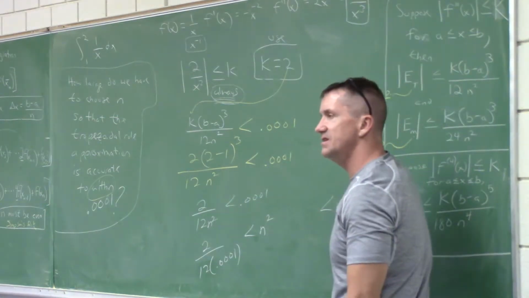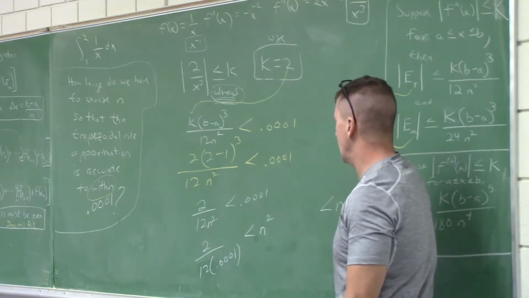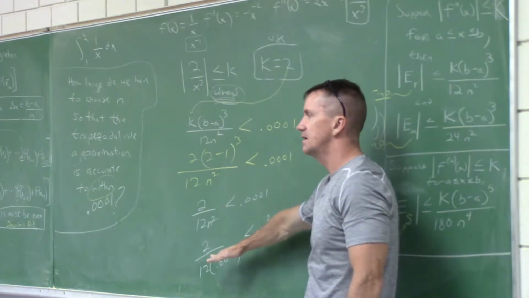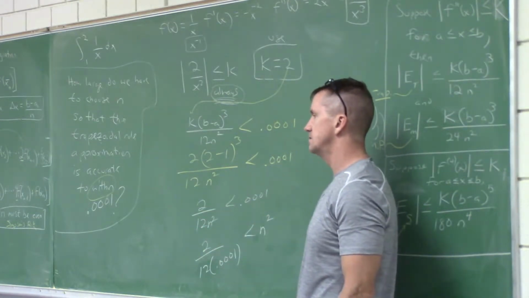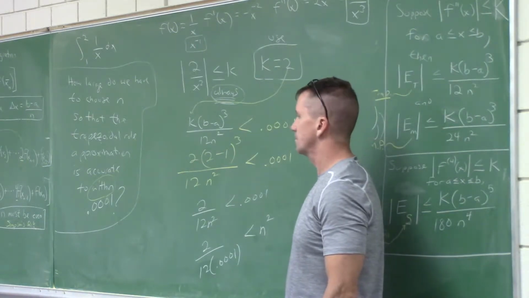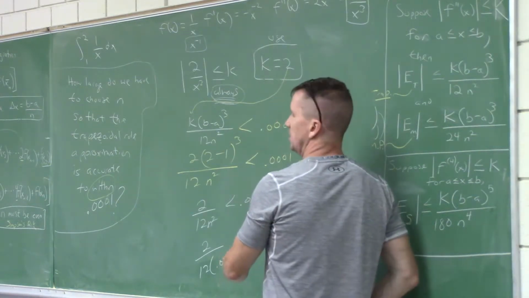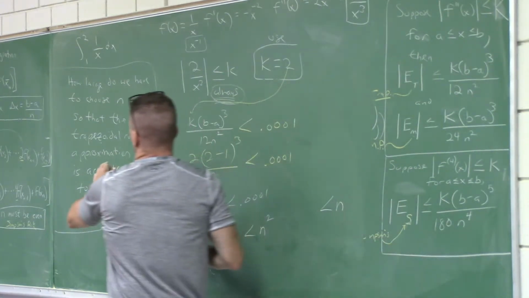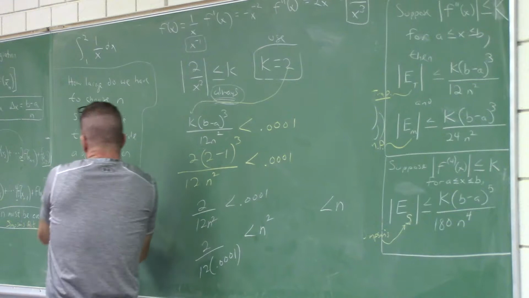Let's get this accuracy. Okay, how I algebraically manipulated that? Okay. Why is the less than sign going towards the 0.0001? Oh, great question. We're thinking this is the error bound, right? And we want it as small as possible, but within this.